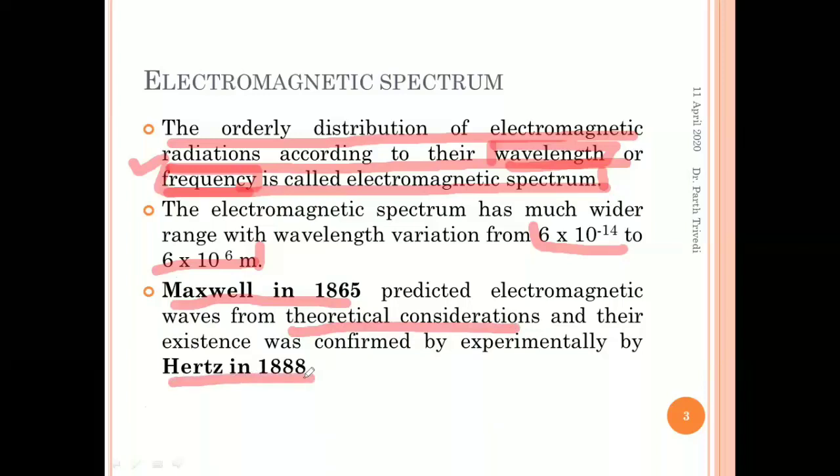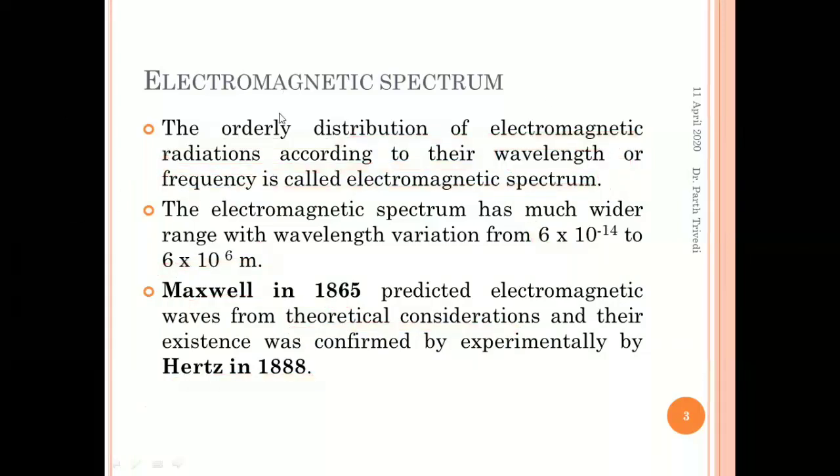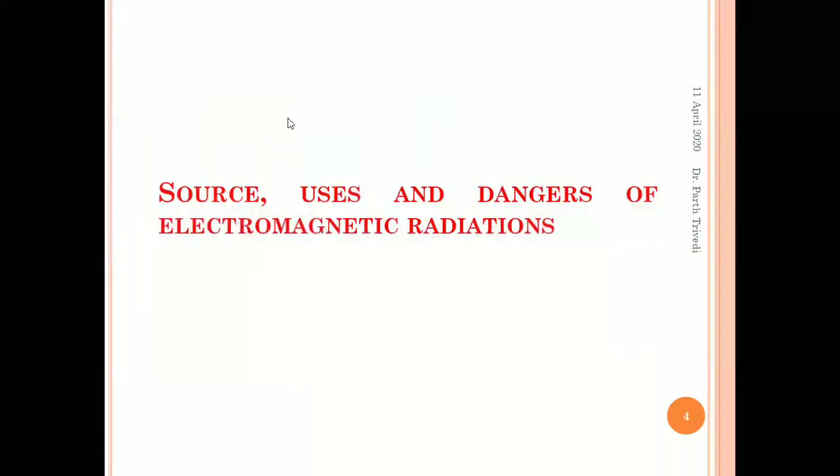So Maxwell predicted the electromagnetic spectrum on a theoretical basis, whereas Hertz in 1888 proved the same through experiments. Now, making it very interesting, I would like to show you one video based on the electromagnetic spectrum.